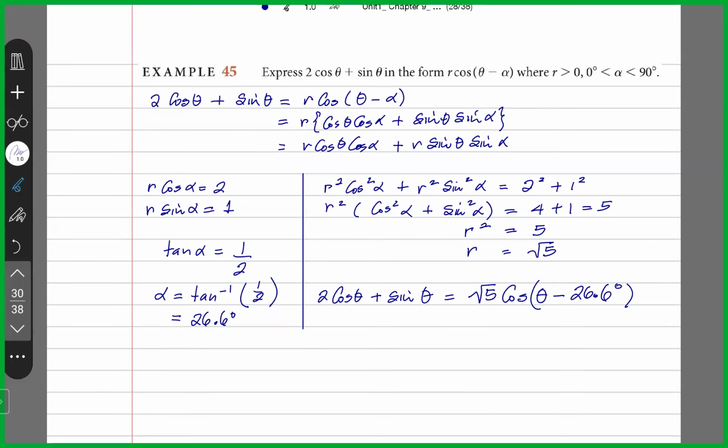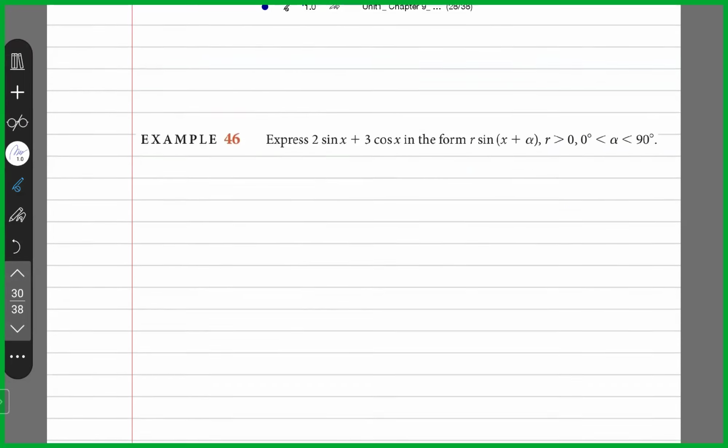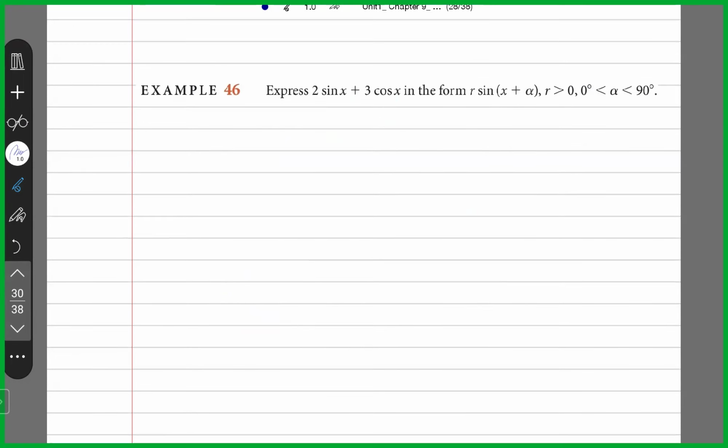All right, so next we're looking at example 46. Example 46 is asking us to express 2 sine x plus 3 cos x in the form R sine(x plus alpha).